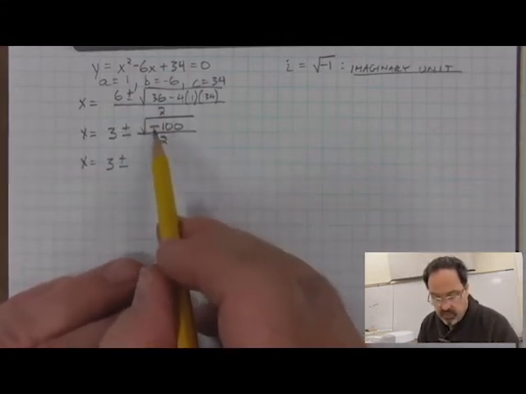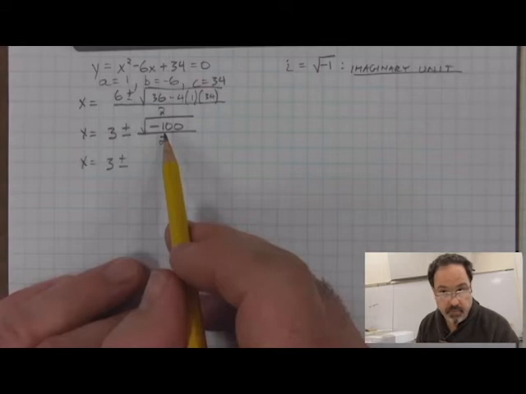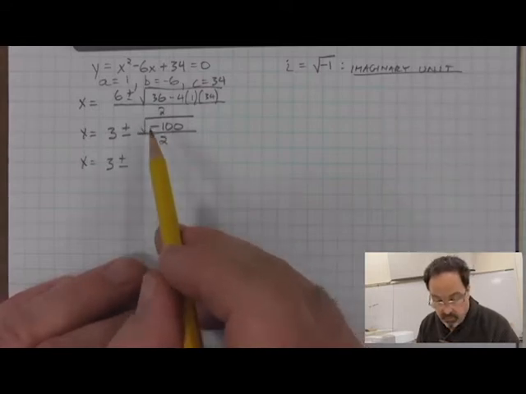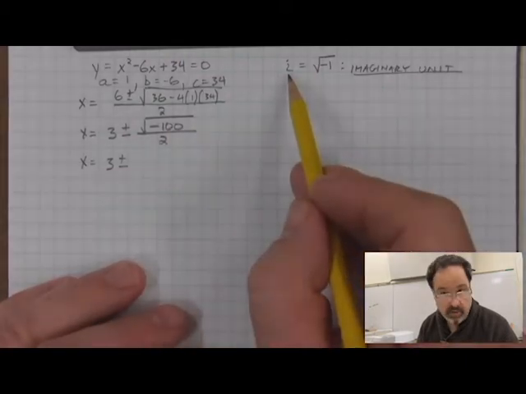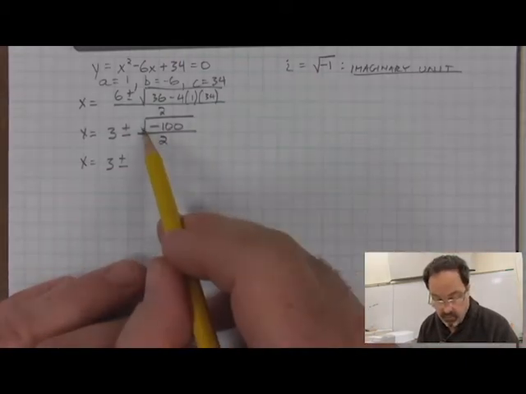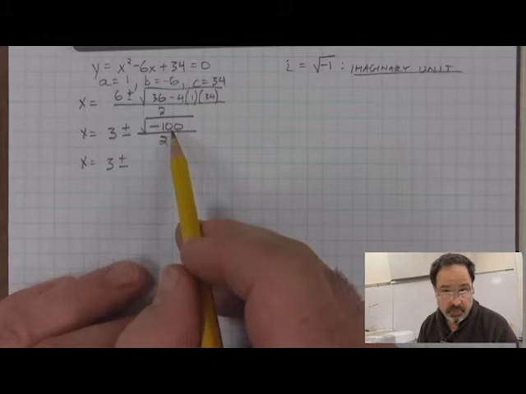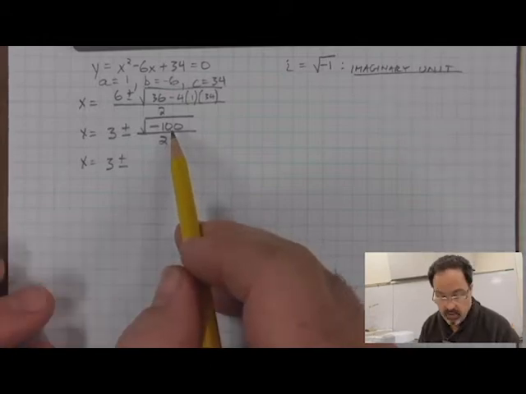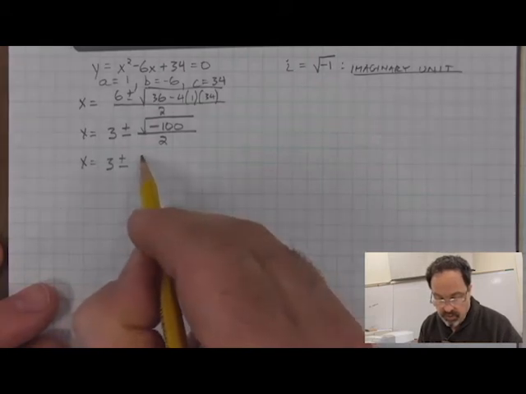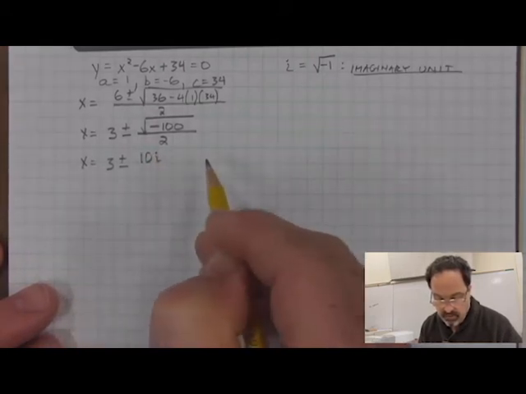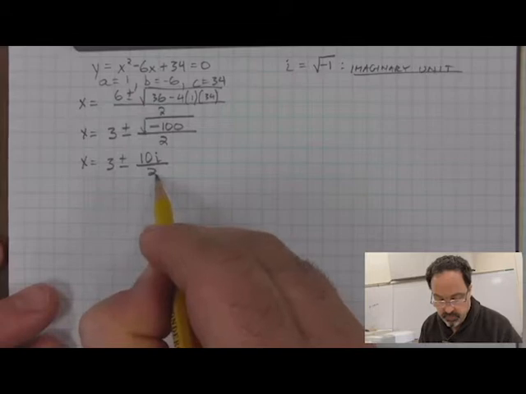We can now deal with the square root of a negative number. The square root of the negative factor of this number is going to become our imaginary unit i, and the square root of the remaining 100 is simply 10. So the square root of -100 is 10i, still divided by 2.